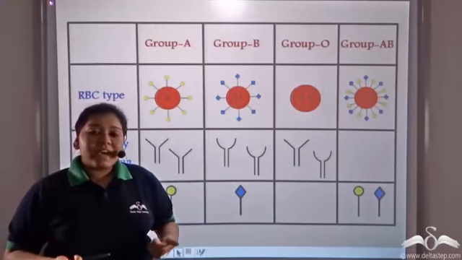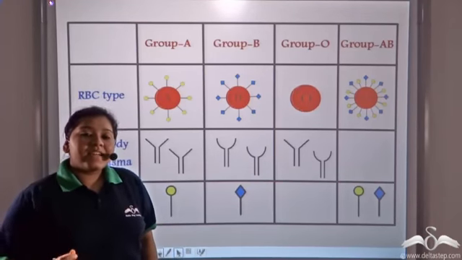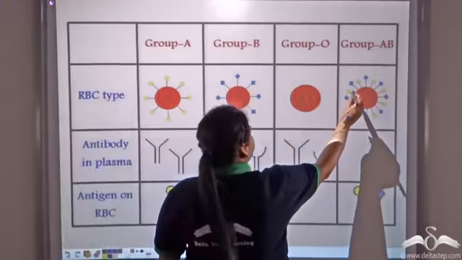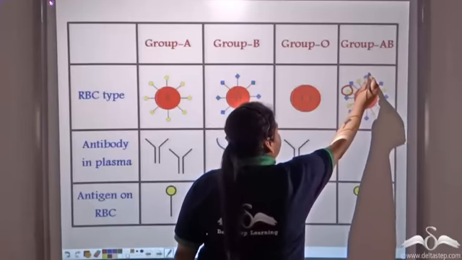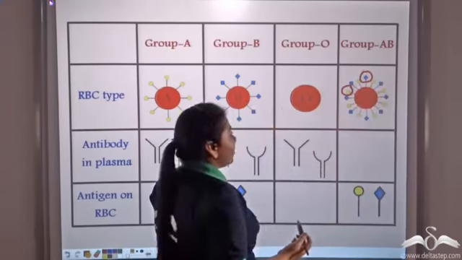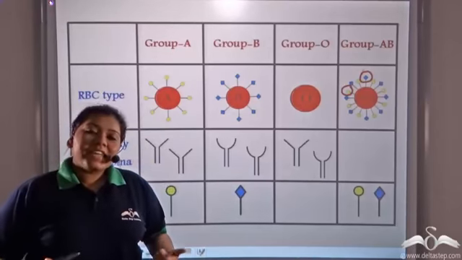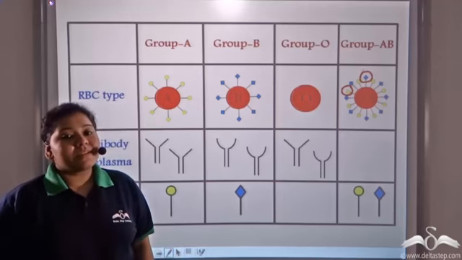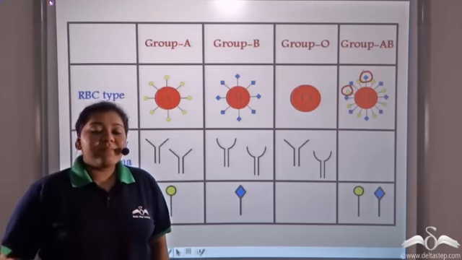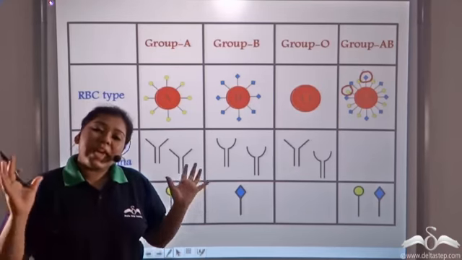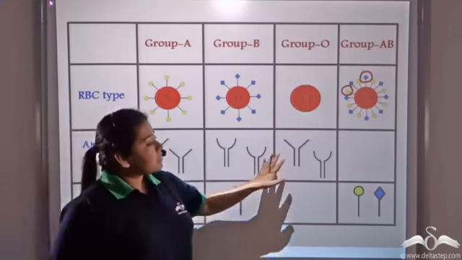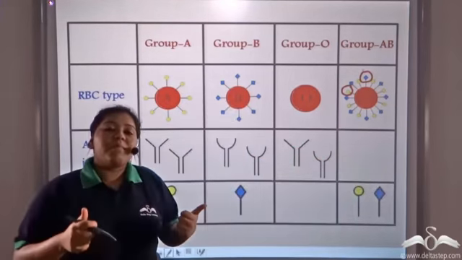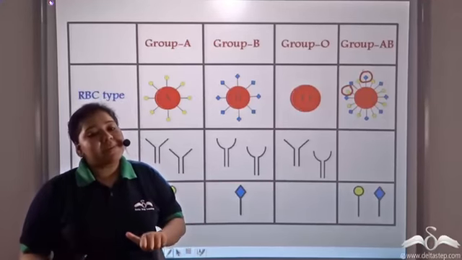Now, in blood group AB, the red blood cells carry surface antigens of both blood group A as well as blood group B. But it does not contain any antibodies against either blood group A or blood group B. And that is why it is able to accept blood from every person, because it does not have any antibodies against the blood of either a blood group A or a blood group B man.